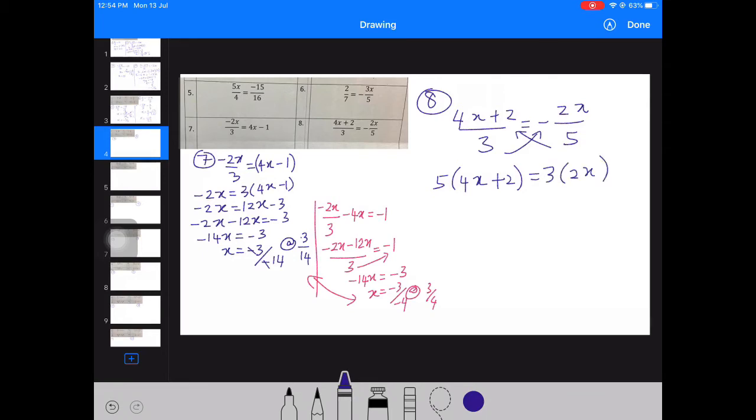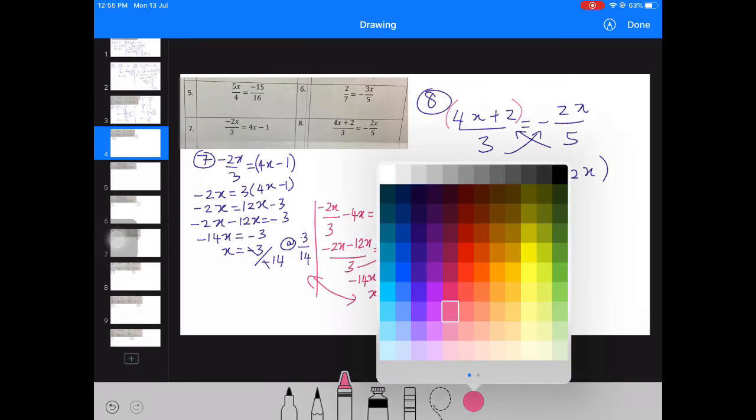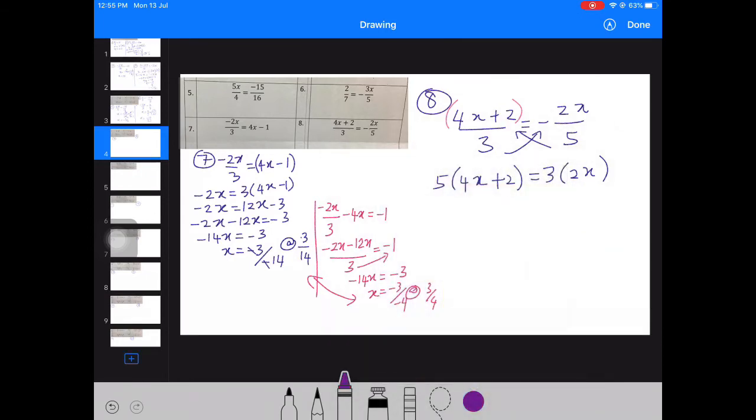Okay, one thing I would like to stress is this bracket. Even though the bracket is not written, when you have a fraction like this, imagine that there is a bracket or parenthesis. Then we can expand the bracket, becomes 20x plus 10 equals to 6x.